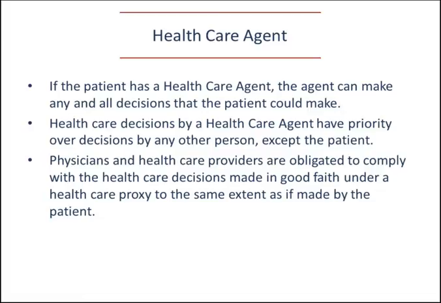So when there is a healthcare agent appointed and mom appointed daughter number 1, and daughter number 3 comes up and says, daughter number 1 doesn't know what she's talking about. She's making terrible decisions. We would turn to daughter number 3 and say, I'm sorry, but daughter number 1 is appointed as the healthcare agent.